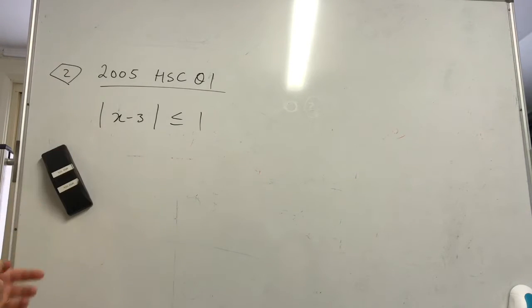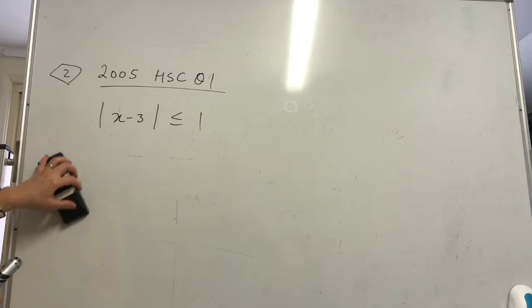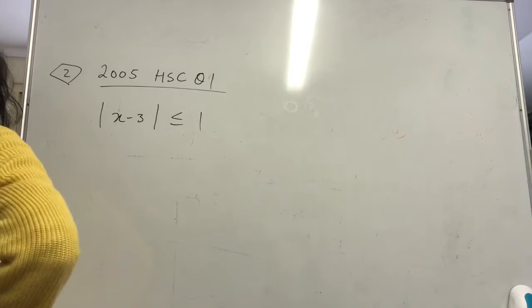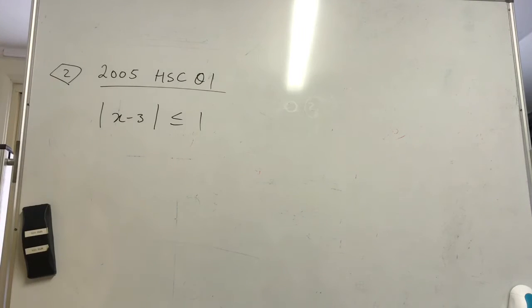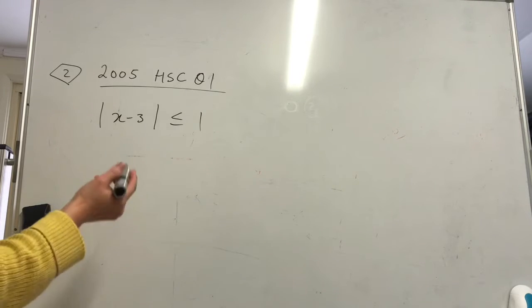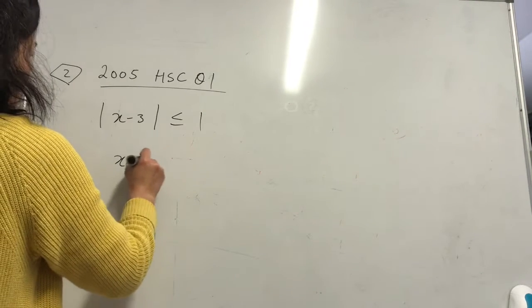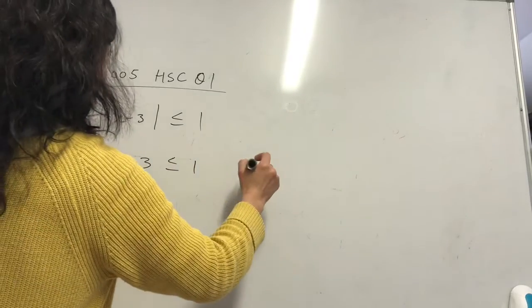So absolute value of x minus 3 is less than or equal to 1. So what do we do here? It's the same. We can treat it like same as an equation.